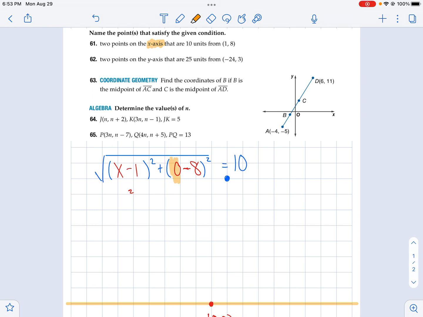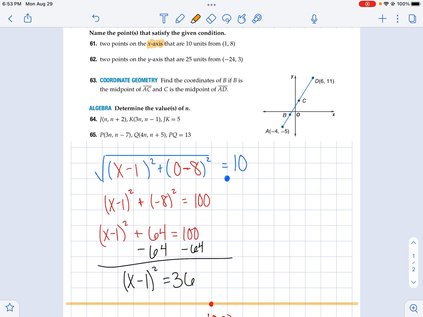And I know that no matter what, if it's on the x-axis, like it's supposed to be, then my y-coordinate must be 0. And I simplified a little bit, right? I squared both sides, and then I simplified what I could there. And then I subtracted 64.